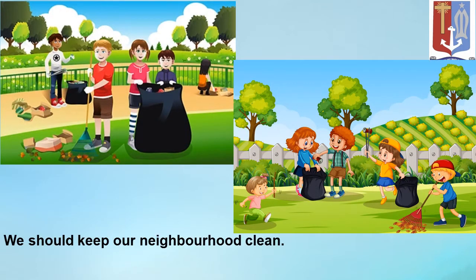We should keep our neighborhood clean. So children, we need to make sure that we keep our surrounding, our neighborhood clean. And for that, what should we be doing? We should make sure that we should not throw the garbage outside in the surrounding. We should keep two dustbins, one for dry waste and one for wet waste.